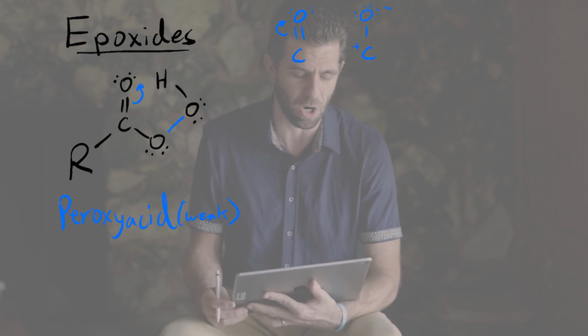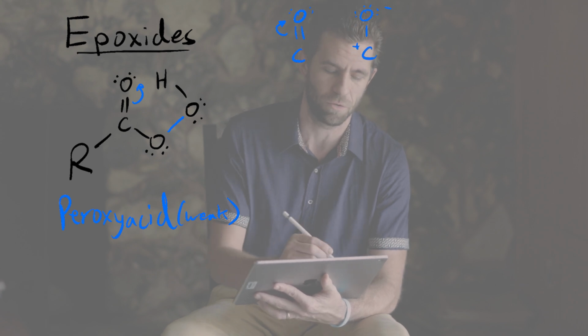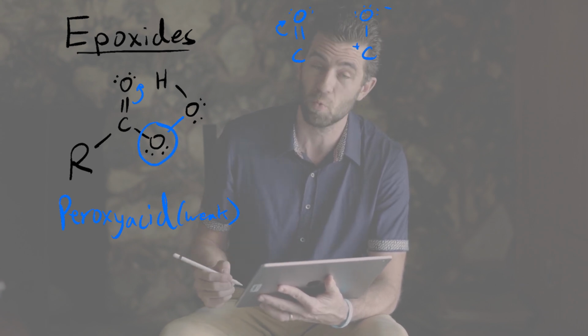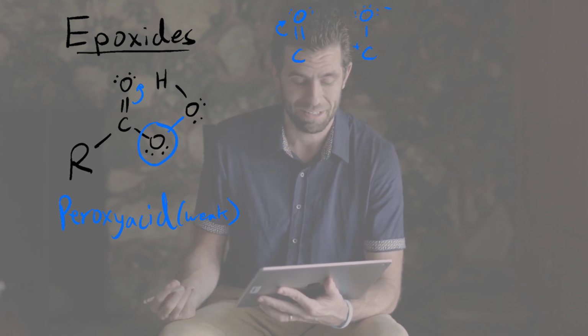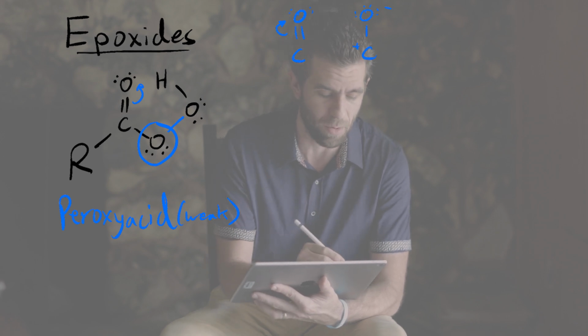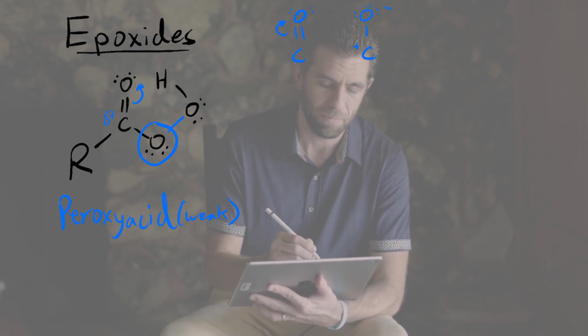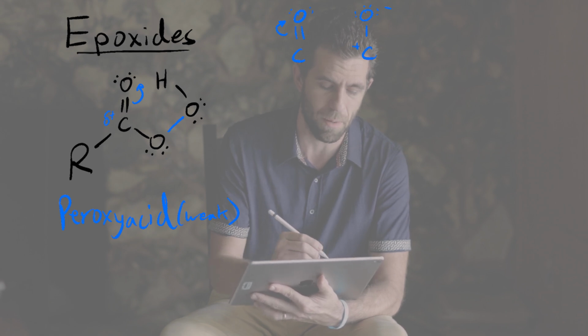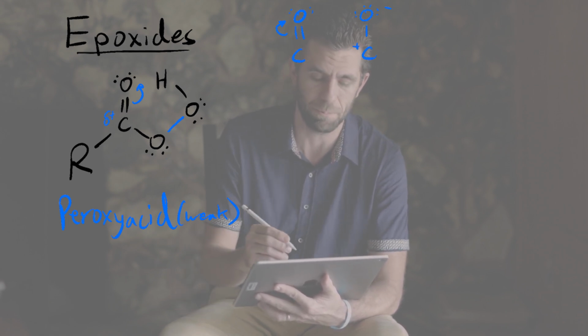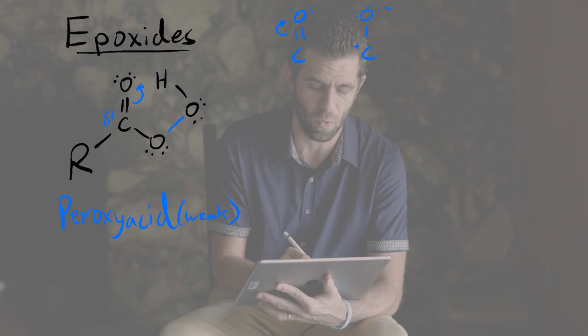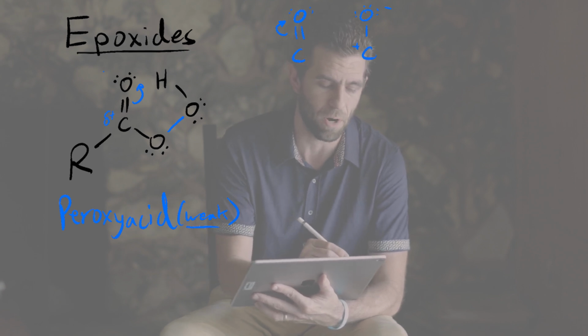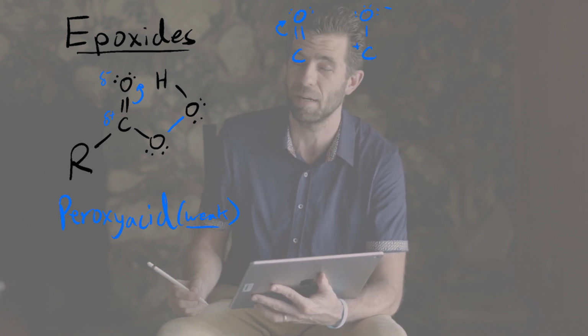Well, that positive charge means that that oxygen over here that's already really pulling electrons, now next to this partial positive carbon, is going to be pulling electrons even more, right? So this bond is very weak, and we have that partial positive and partial negative here.